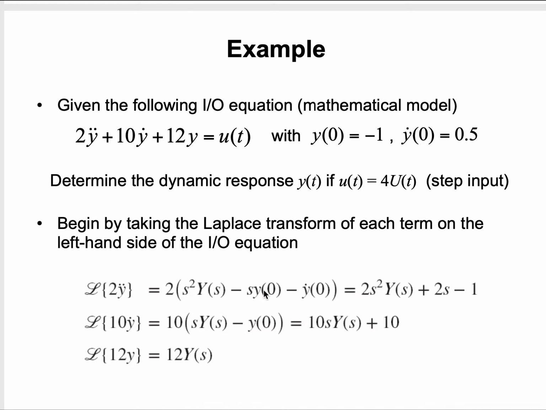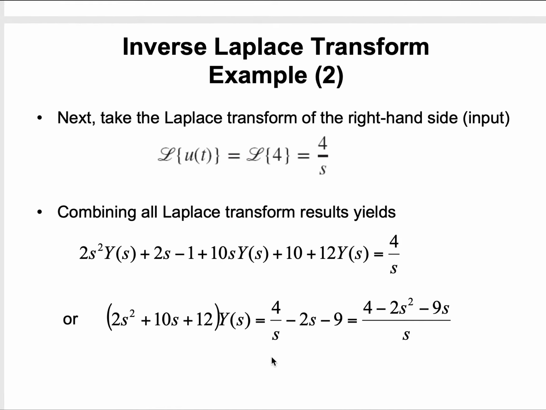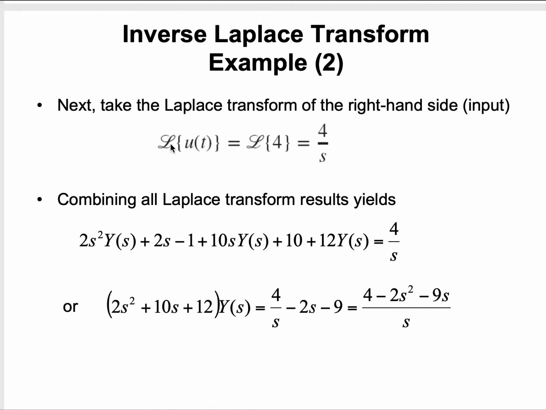So take the Laplace transform of each term. You see we have the Laplace transform of y dot like this. We have the initial conditions. As they are non-zero, we have to substitute those values here. And then the Laplace transform of the input, which is 4 over s.